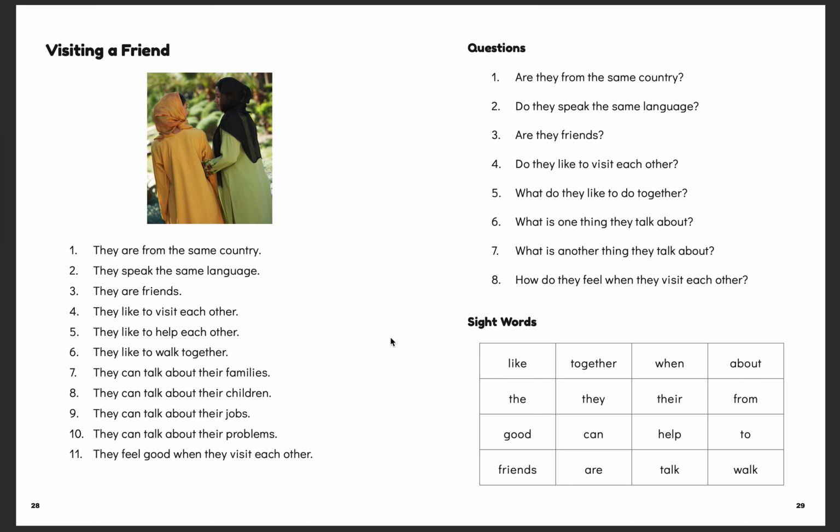Before you do any of the work with your tutee, I would suggest that you look at this picture together and have your tutee describe what she sees. Also read the title, Visiting a Friend.